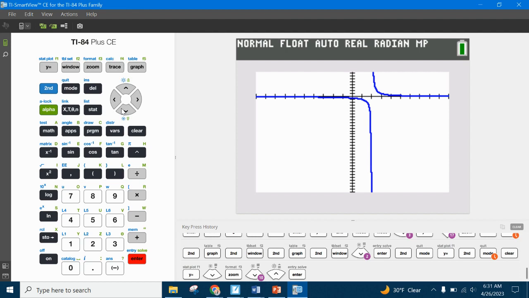But we can clearly see that we have an infinite discontinuity in this graph, which is cool. So if we were interested in x equals 2, then we would clearly see that there's an infinite discontinuity there, where when we're coming from the right, it's going up to infinity, but when we're coming from the left, it's going down to negative infinity, so the limit wouldn't exist there.